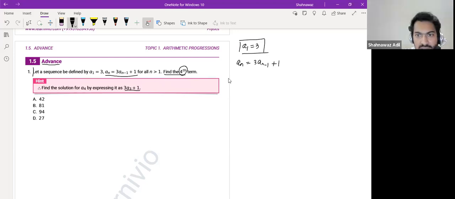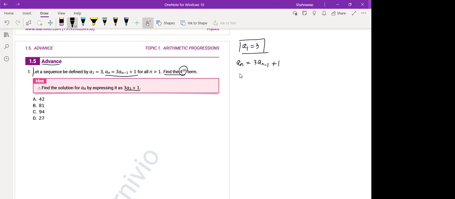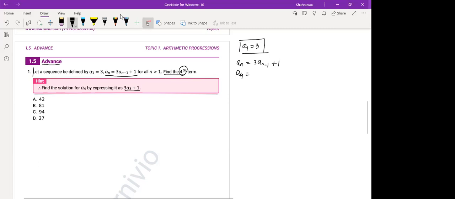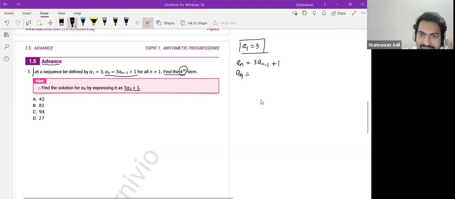Right, guys? So we have to put n equals to how much? Four. Oh, Talha has come. Yeah, so we have to put 4. Talha, how are you? Assalamu alaikum. Walaikum salam. I'm fine, sir.